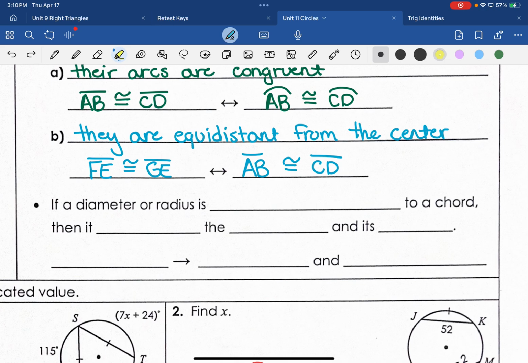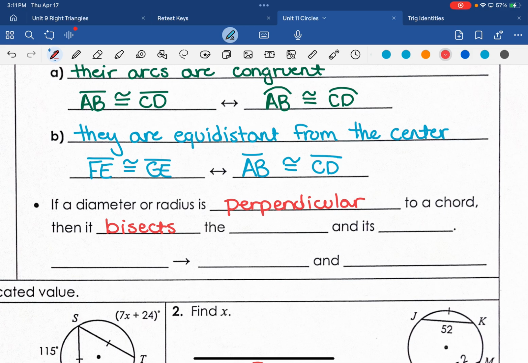So right here, if a diameter or a radius is perpendicular to a chord, then it bisects. What does bisect mean? Halves, cuts in half.